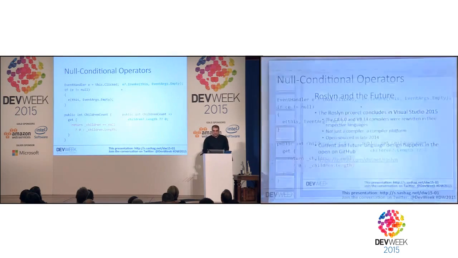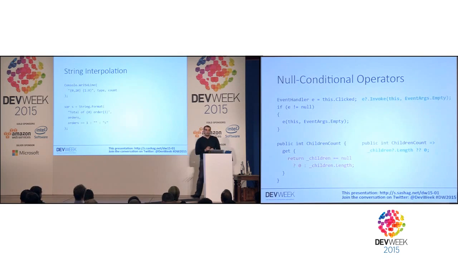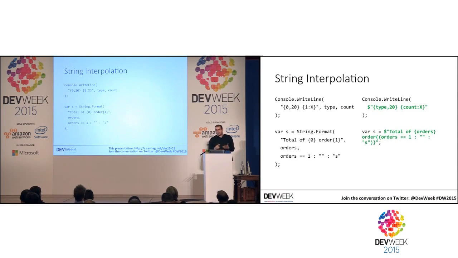OK, so let's take a look at some more. There's more in C#6, but they're all roughly the same size, bite-sized chunks of syntax. Next one's string interpolation. And this is really syntactic sugar, but it's going to be quite nice. And lots of languages have this built in by now, especially the cooler ones like Python and Perl.